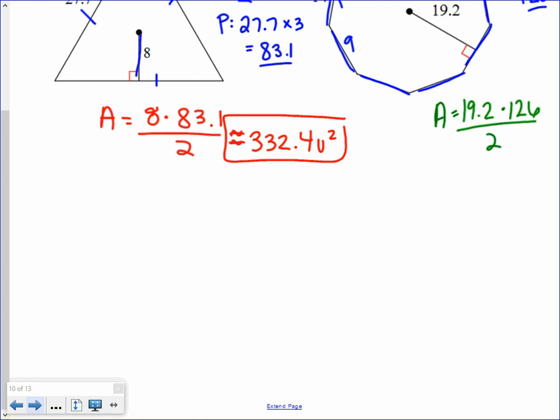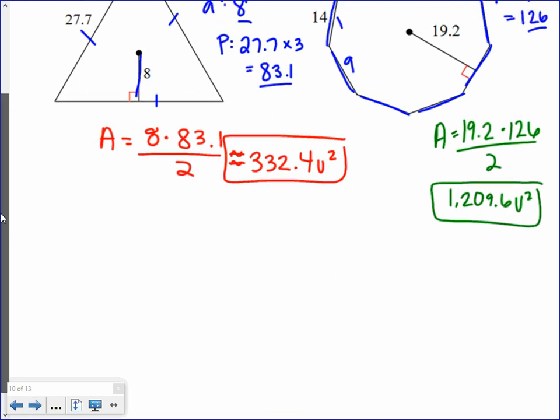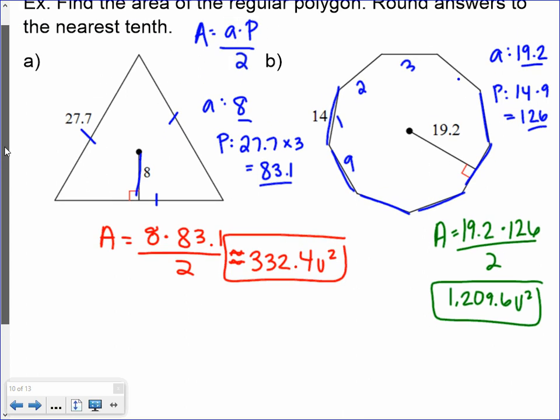Is that what you guys are getting? 1,200.6. Like that? Okay. Units squared. Good. Alright, that just seemed big to me. Okay. Questions so far?